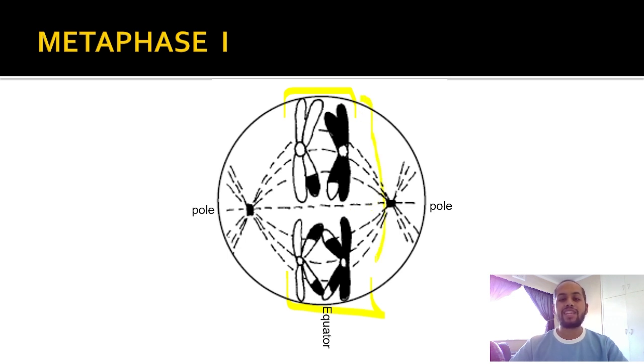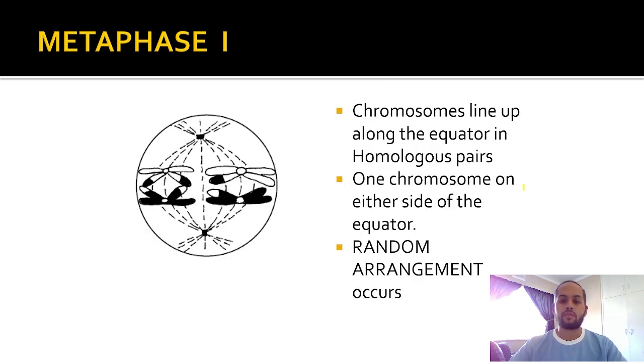This random arrangement of homologous chromosomes on the equator of the cell in metaphase 1 is going to help to increase genetic variation in the gametes, therefore also increasing the chances of survival in the offspring. So in metaphase 1, your chromosomes line up along the equator in homologous pairs, very important. One chromosome on either side of the equator, and this is a random arrangement.